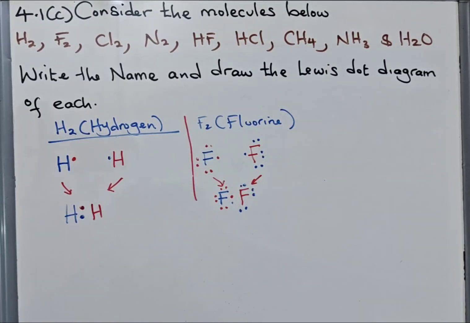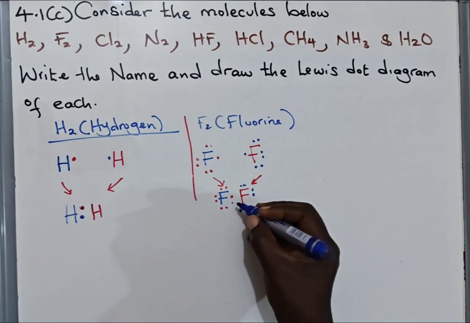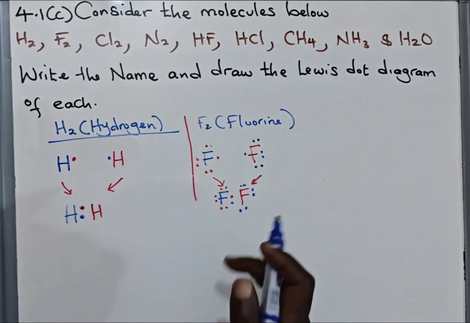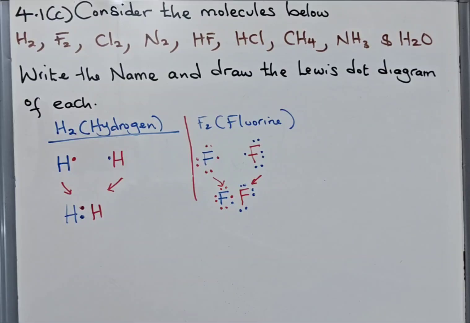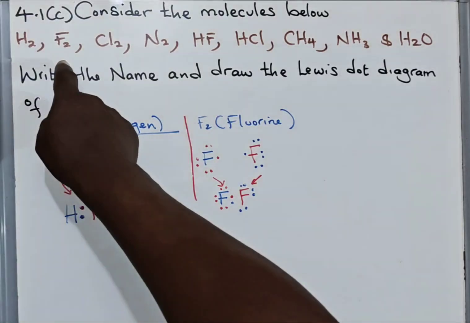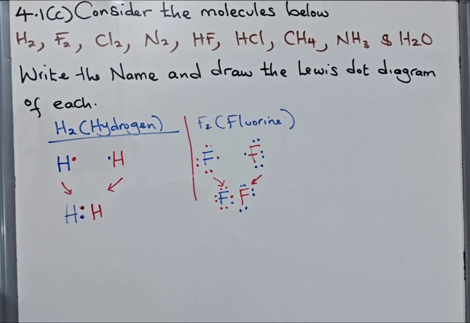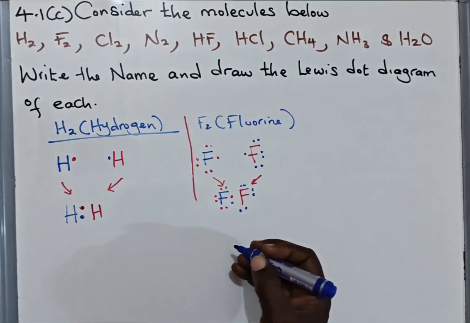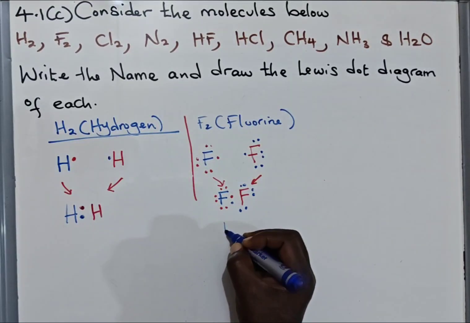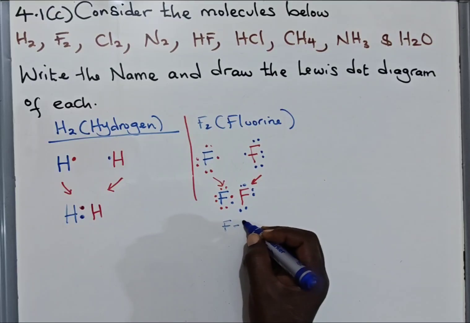So this is it: what you have here is the Lewis dot diagram of fluorine molecule. I need to tell you that when we represent the structure of this one, we are going to have it as F, single bond F.